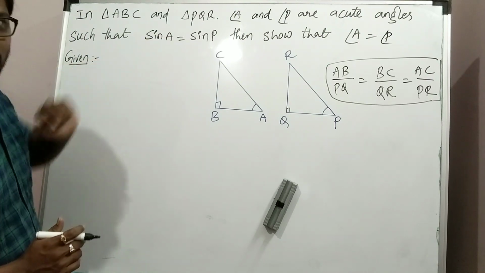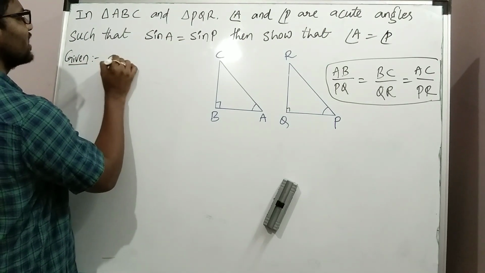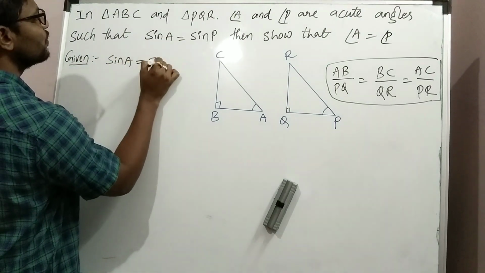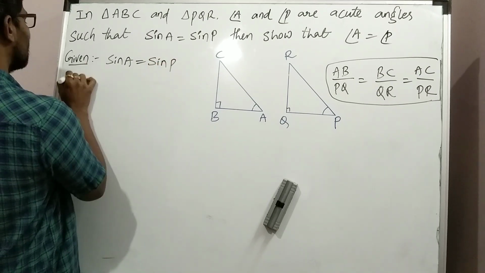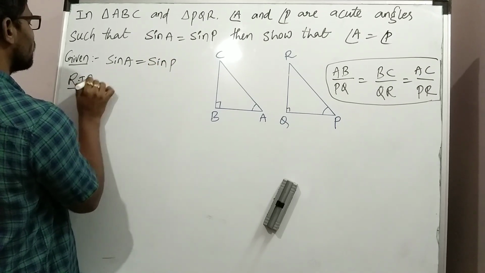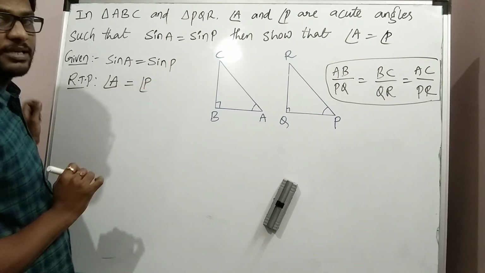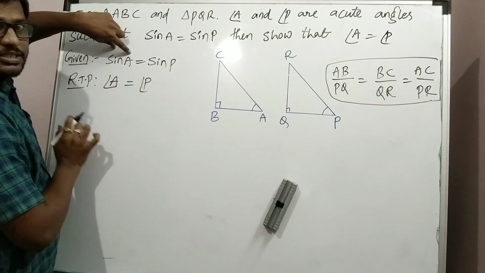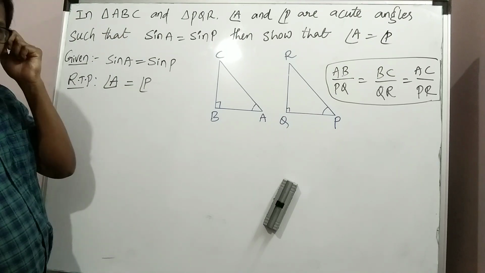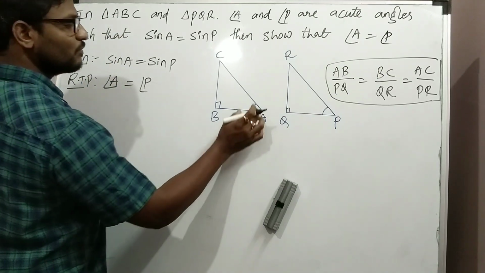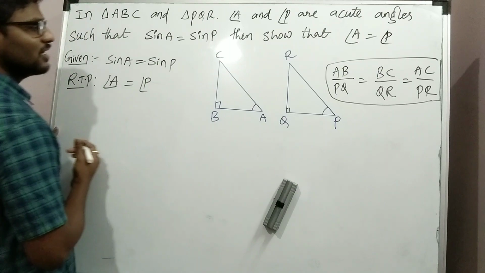Use this condition. What is given? Sin A equals sin P. And what is required to prove is angle A equals angle P. So from the given condition, write the ratio of sine with respect to A. What is the sine ratio? Opposite by hypotenuse.